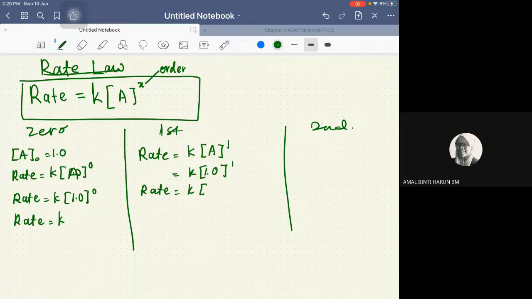Okay. Kalau kita doublekan concentration, now kita double concentration, macam ni saya nak tulis. Double dia akan jadi A dia adalah 2. So 2 power of 1. If we double the concentration.